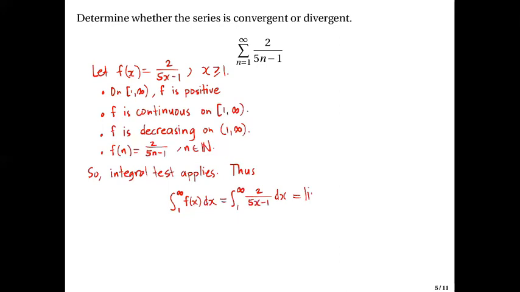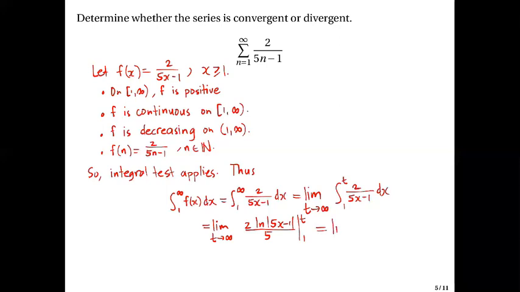And again, by definition, this is just the limit as t approaches plus infinity of the integral from 1 up to t of 2 over 5x minus 1 dx. And you know that this is just ln. Okay? So that's equal to the limit as t approaches plus infinity of 2 over 5 ln absolute value of 5x minus 1, evaluated from 1 up to t.